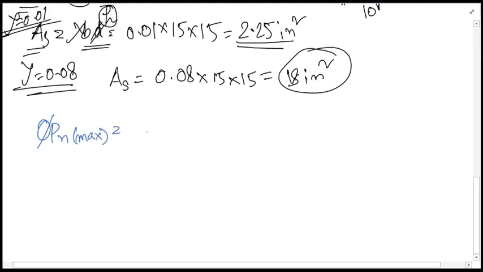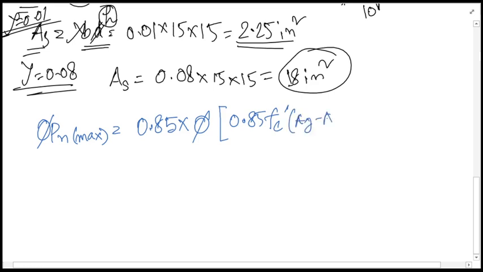The maximum capacity of the column will be 0.85 multiplied by, within this, 0.85 fc' (AG minus AST), that is the strength provided by the concrete, plus the strength provided by the steel. The combination of these two will be multiplied by a reduction factor to get the final capacity. This formula we can use for concentric columns.